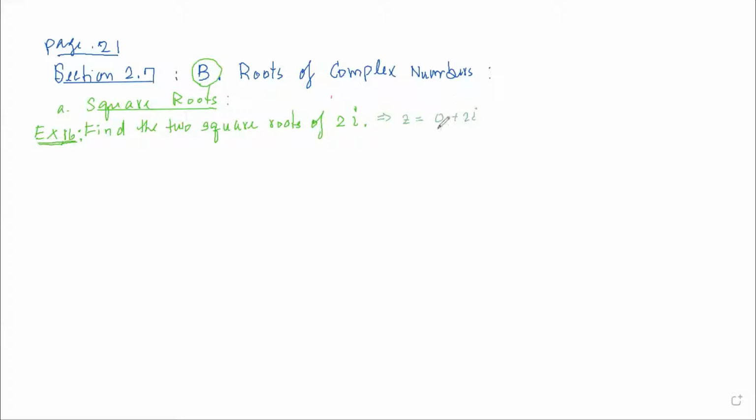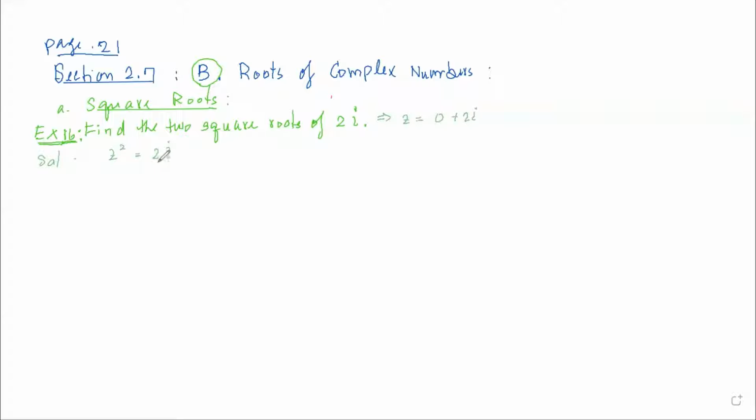That means x equals 0 and y equals 2. Now we want to find the square root of this. So the square root of 2i means we have z squared equal to 2i.